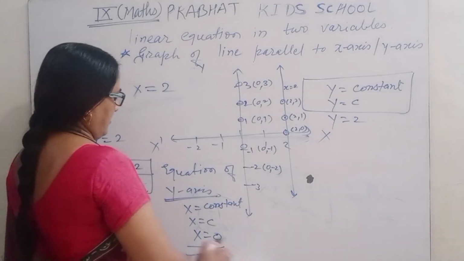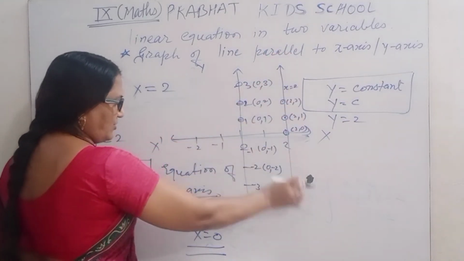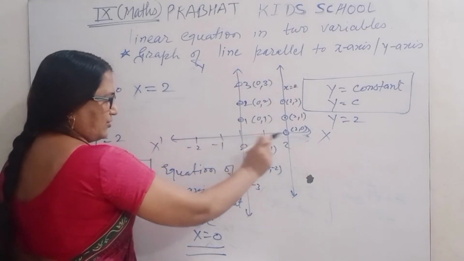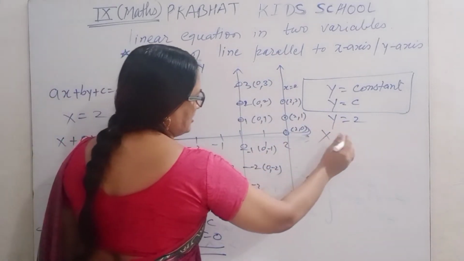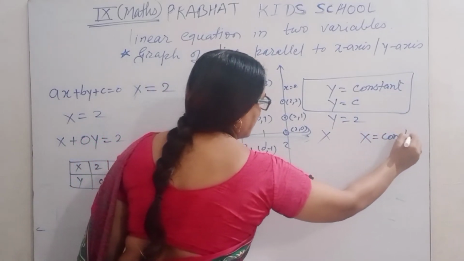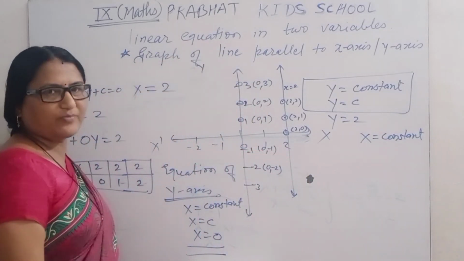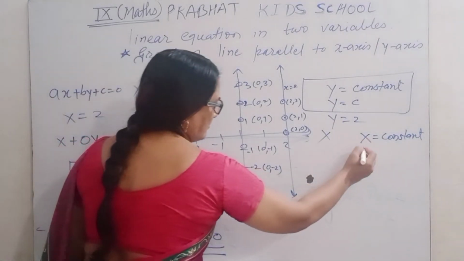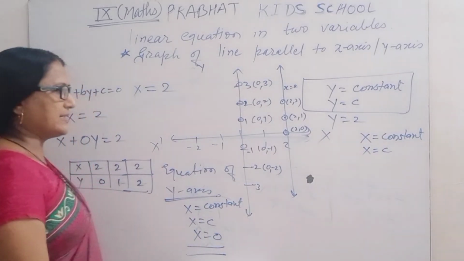Means from this we can conclude the line parallel to the y-axis has an equation in the form x is equal to constant, x equal to c.